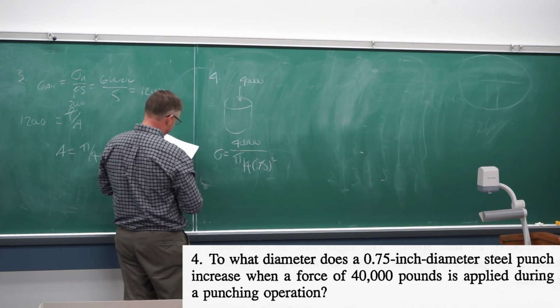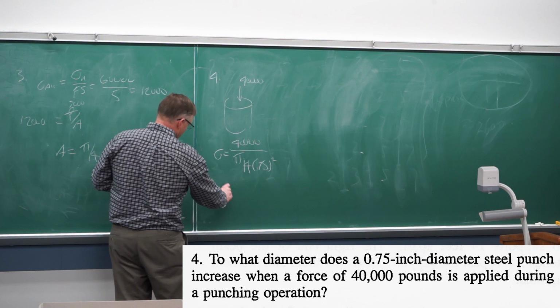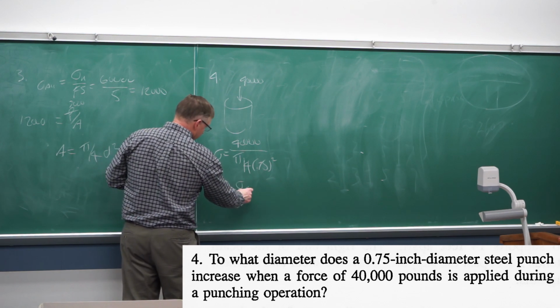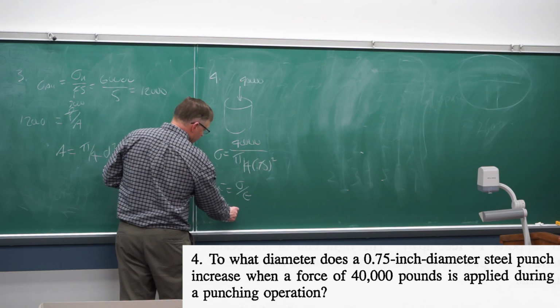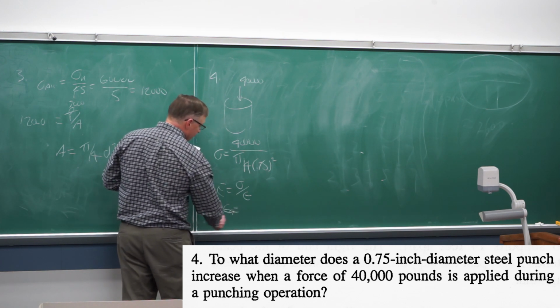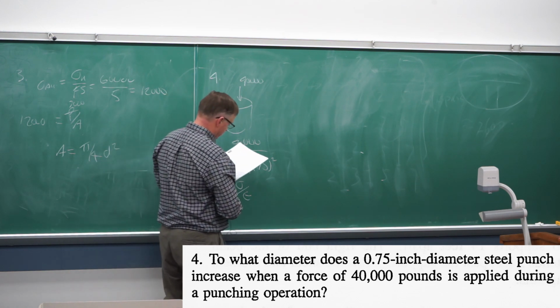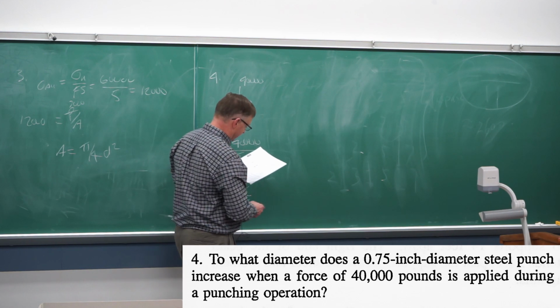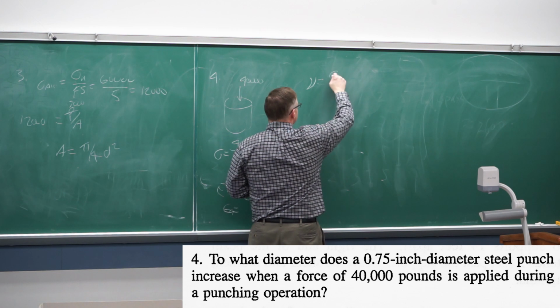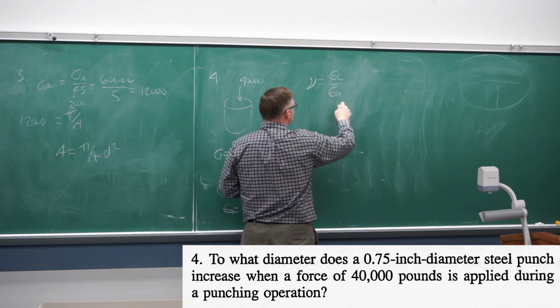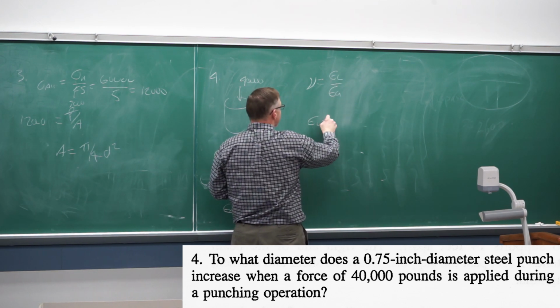It's steel, so we're going to assume it's elastic. Modulus is equal to stress divided by strain. And you can solve for strain here, which will be your axial strain. But the question is about the diameter, so you're going to recognize that Poisson's ratio is equal to the lateral strain divided by that axial strain, so you'll need the lateral strain out of that.